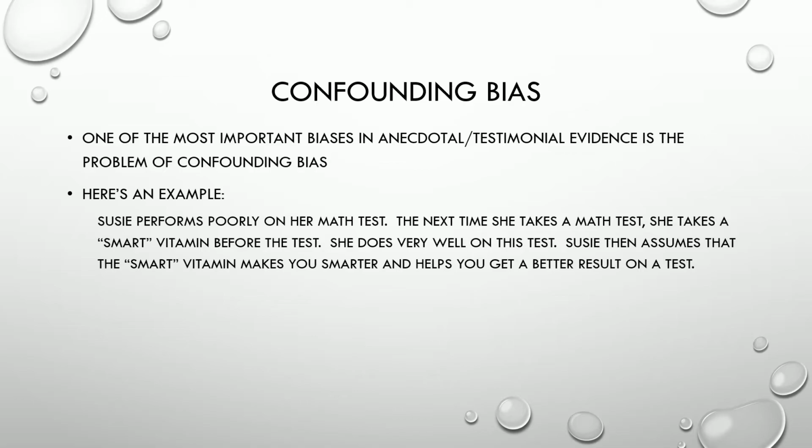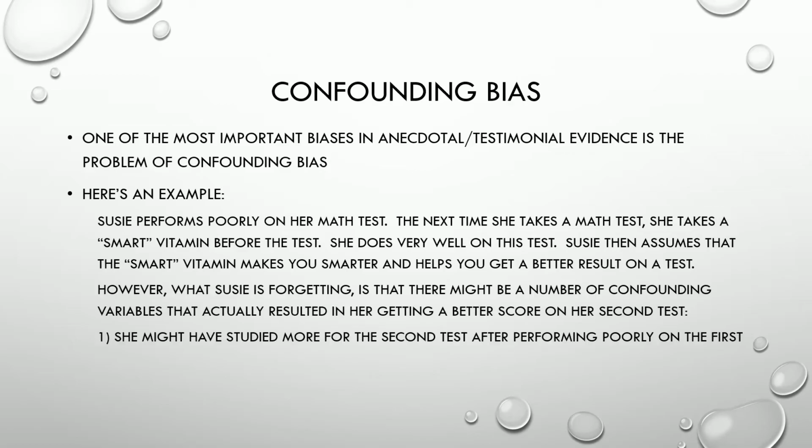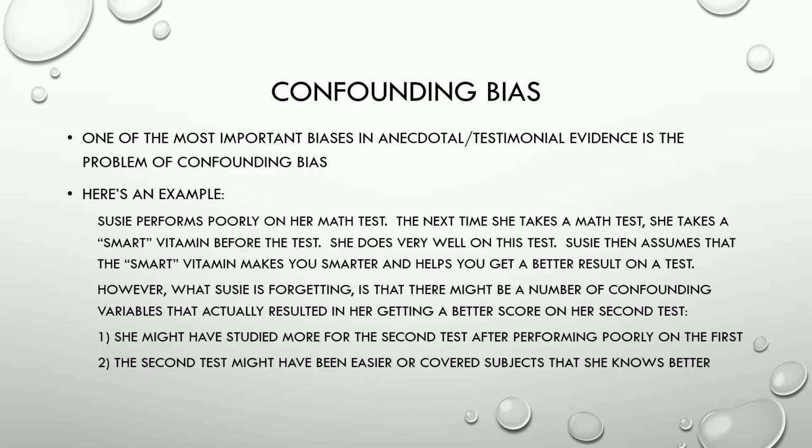Susie then assumes that the smart vitamin makes you smarter and helps you get a better result on a test. However, what Susie is forgetting is that there might be a number of confounding variables that actually resulted in her getting a better score on her second test. She might have studied more for the second test after performing poorly on the first. The second test might have been easier, or it might have covered subjects that she knows better.